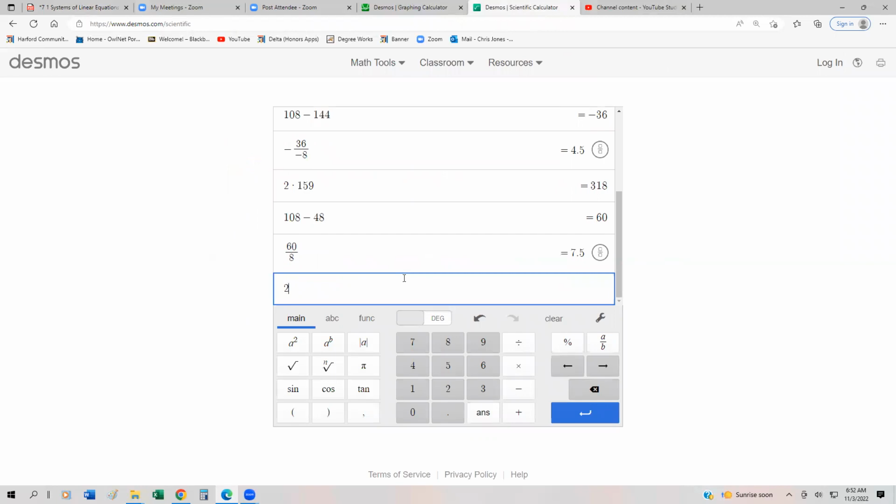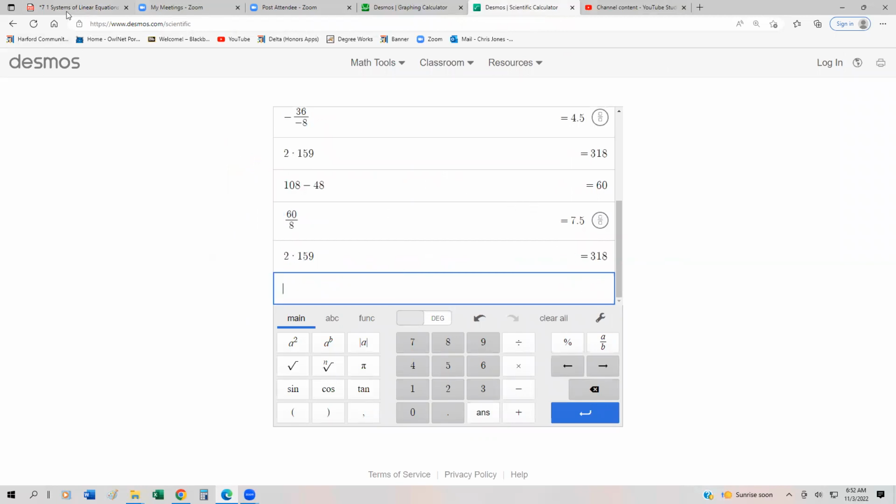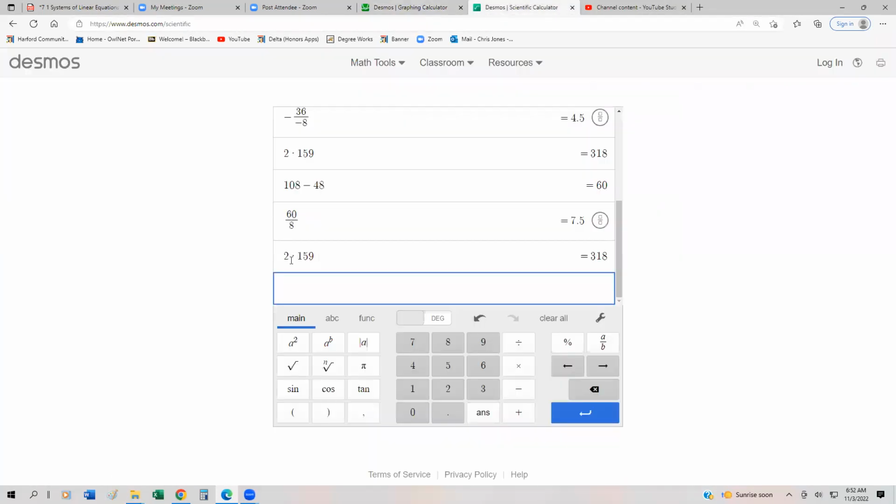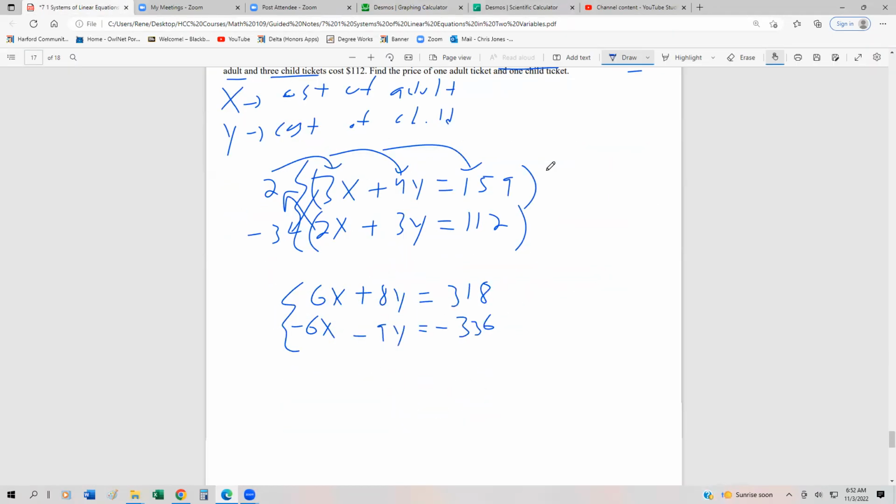So we have 2 times 159, and that is indeed 318. Negative 6x minus 9y is going to be equal to negative 336. So I'm going to take negative 3 times 112, and that's negative 336.